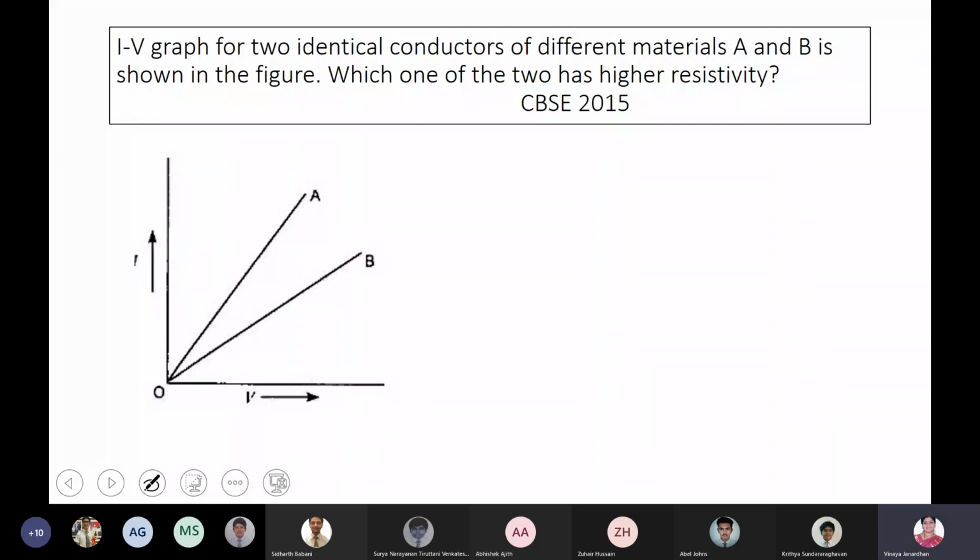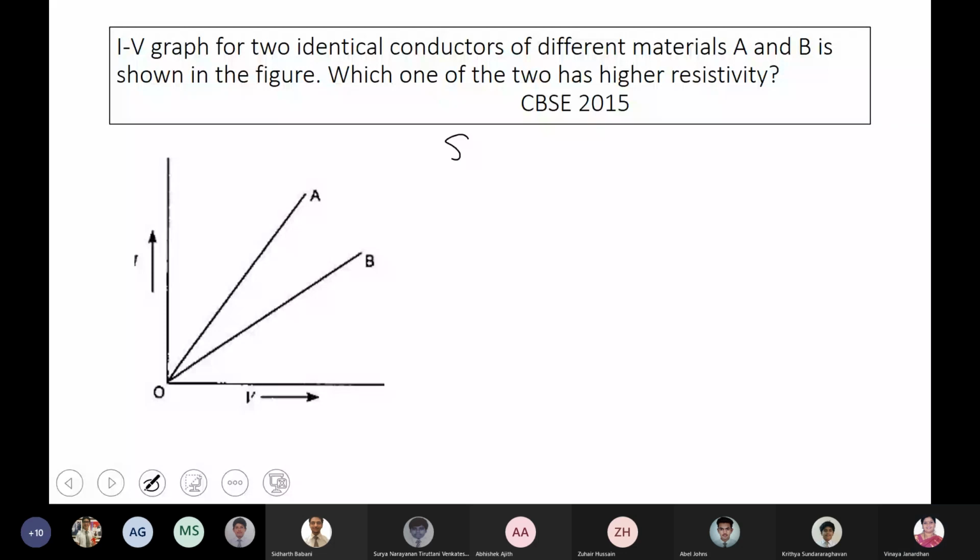Right, boys. The I versus V graph for two identical conductors of different materials A and B is shown in the graph. Which one of the two has a higher resistivity? Now, only the first part. The slope of a VI graph gives you resistance. Slope of an IV graph gives you the reciprocal of resistance. That's the first part, boys, right?